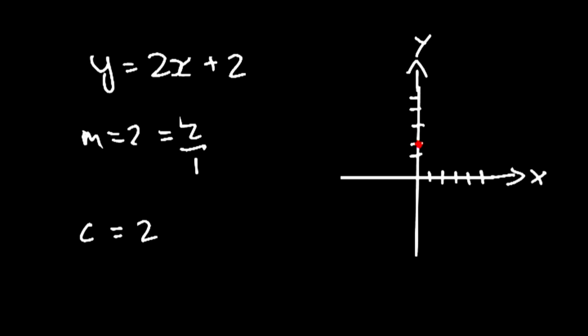this point here, because it's 2 units up on the y-axis, and we can branch on from there using our gradient. So our rise is 2 units up, 1, 2, and 1 across.